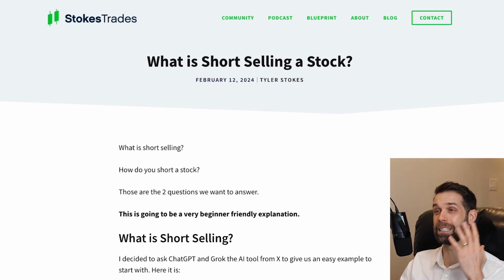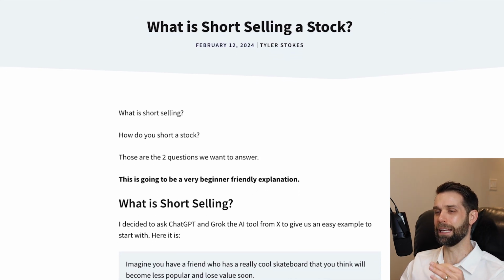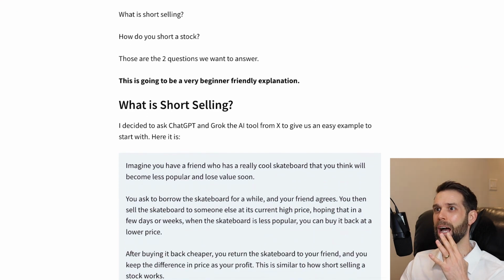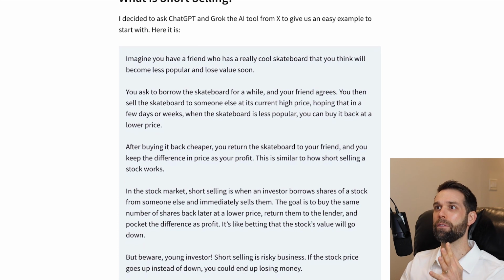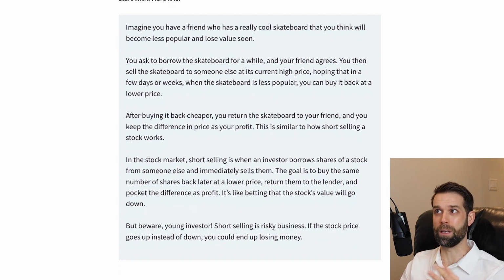So let's jump into this and start discussing what short selling is. For this example and quick intro, I actually used ChatGPT and Grok, the AI tool from X, to come up with something that's easy to understand. Then we'll apply this concept to actual stocks and securities. Imagine you have a friend who has a really cool skateboard that you think will become less popular and lose value soon.